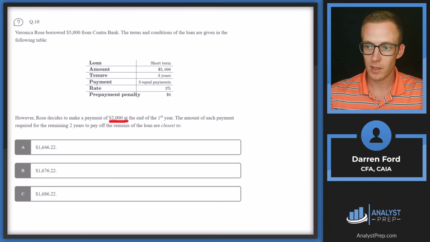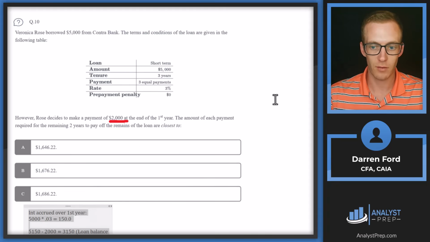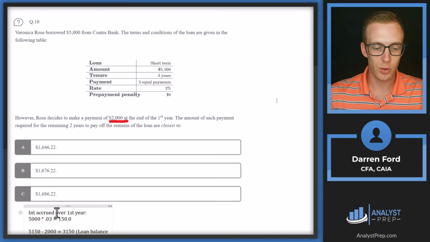We're going to be using our time value of money calculator eventually, but the first thing we need to do is figure out our new loan balance after this $2,000 payment. So the interest accrued over that first year is going to be $5,000 times 0.03, so $150. And then we add that back to the $5,000, and subtract out the $2,000 payment that we made to get a new loan balance of $3,150.